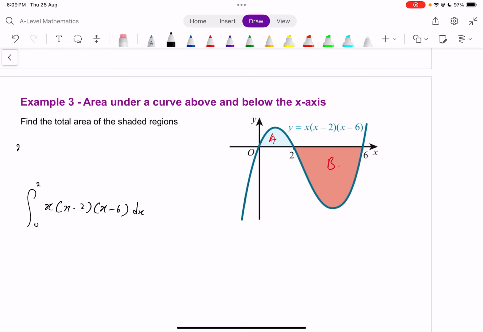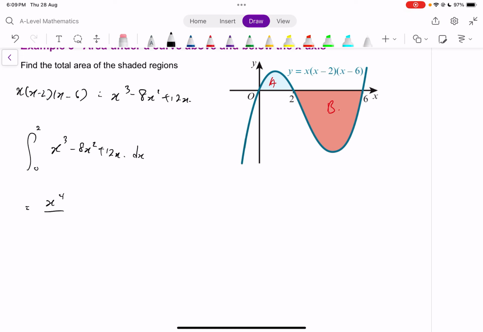But you know what I would do? Let's expand this first. So that makes it as x cubed minus 8x squared plus 12x. 那我们在这里同样的全部就是直接 substitute 进去。我们在这里就会讲 x power 4 over 4 minus 8 over 3 x cubed plus 6x squared.